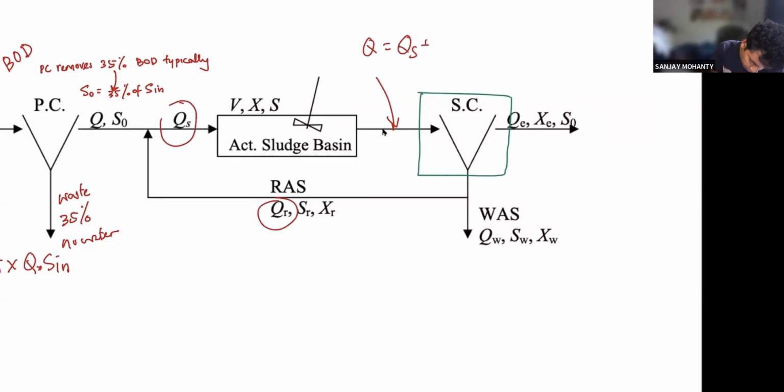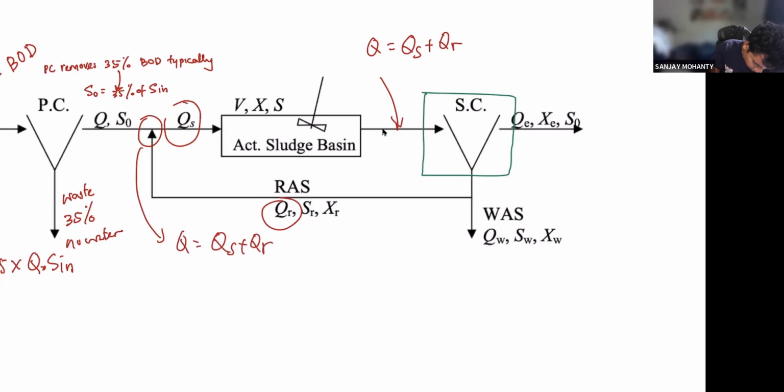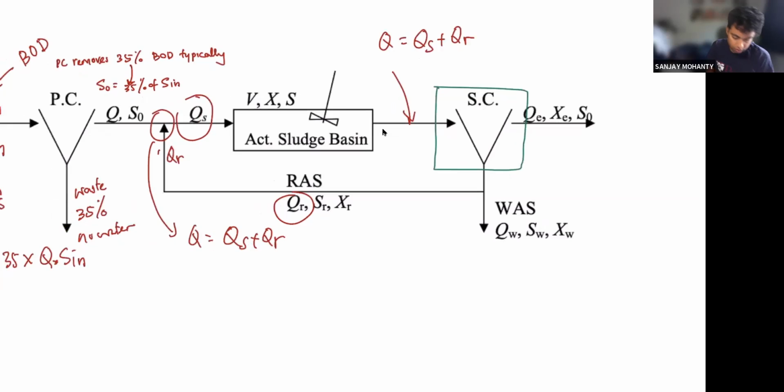So this will be QS plus QR. And you see this Q is coming in, so it has to be the same. If you do the mass balance here, Q has to be QS plus QR, because this is QR coming in. Two flows mixed together become one in the same pipe. So that's the same flow that has to go in.